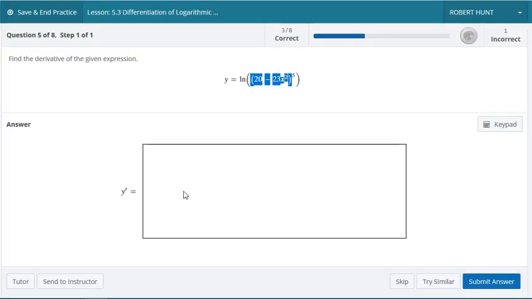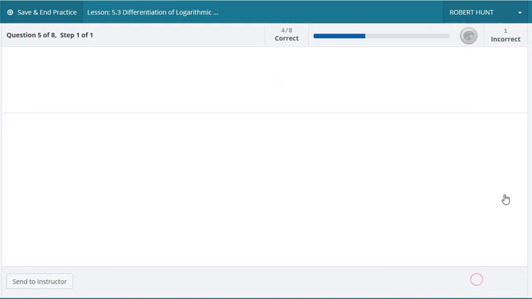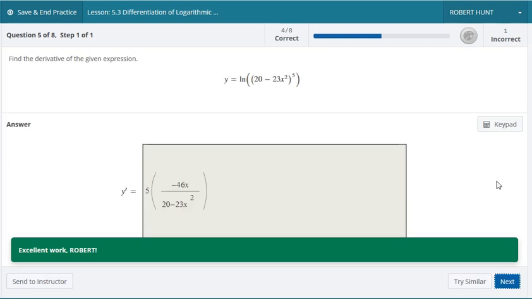So 5 goes out front, and then you have the derivative of the log, which is 20 minus 23x squared on the bottom, and then on the top is the derivative of the bottom, so we said it was negative 46x. All right, so again, that is when that exponent, 5 in this case, is on the interior parenthesis.